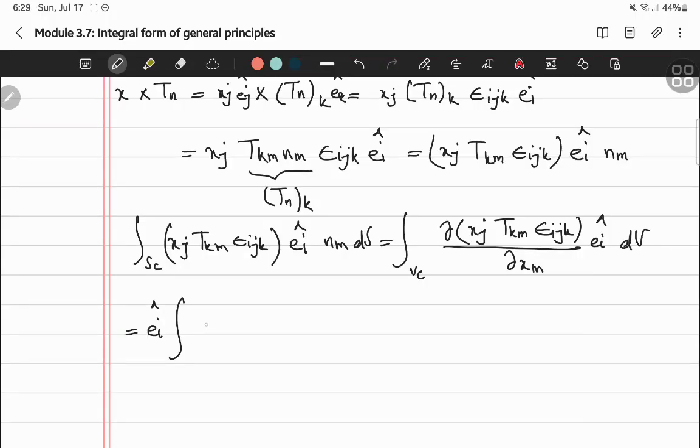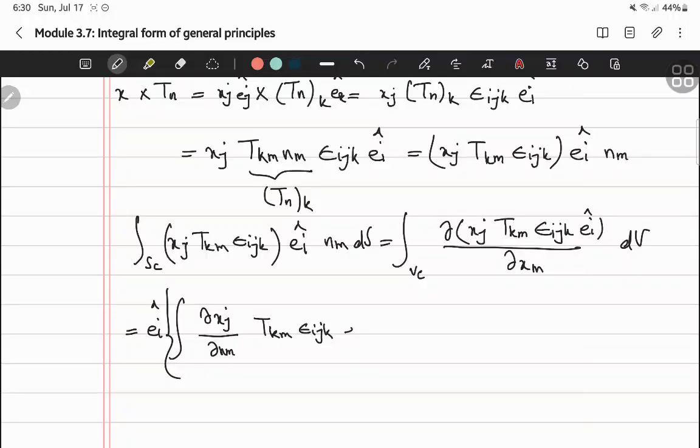So the partial derivative of xj with respect to xm times, let me write a bracket in here, tkm epsilon ijk, plus, because we also have this e_i outside, so let me just put it inside.